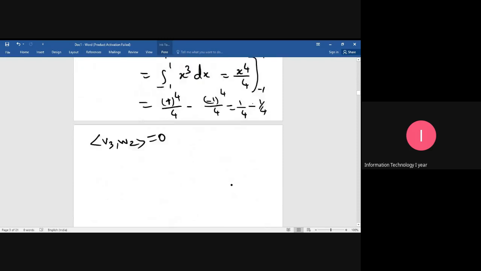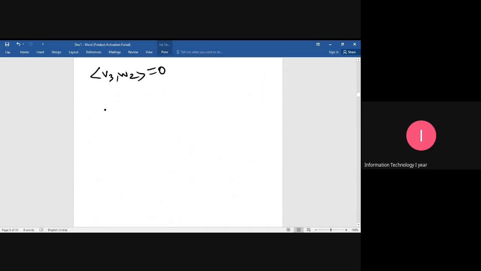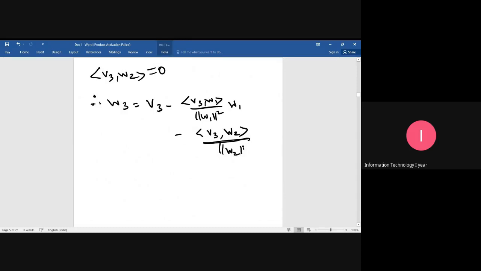So W3 is equal to V3 minus inner product of V3 comma W1 by norm W1 square into W1, minus inner product of V3 comma W2 by norm W2 square into W2. Substitute it now. V3 is x square.